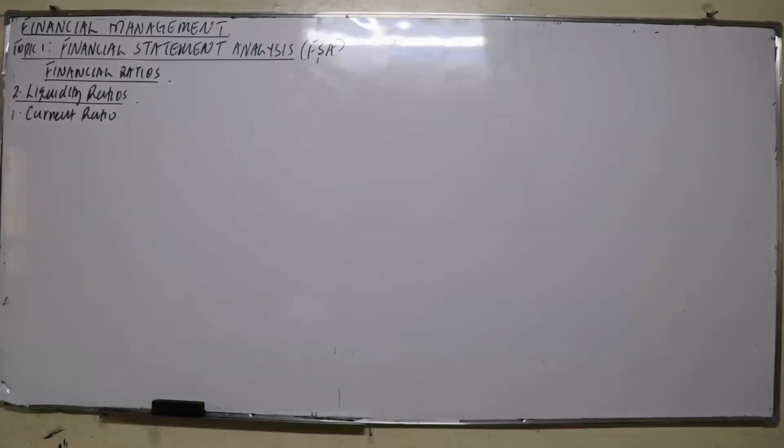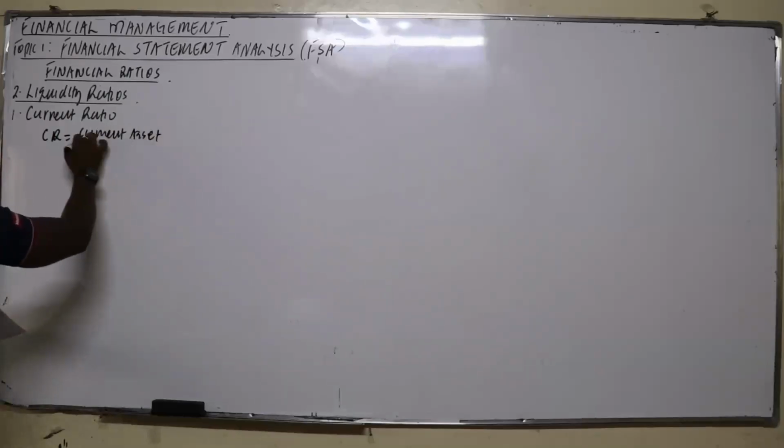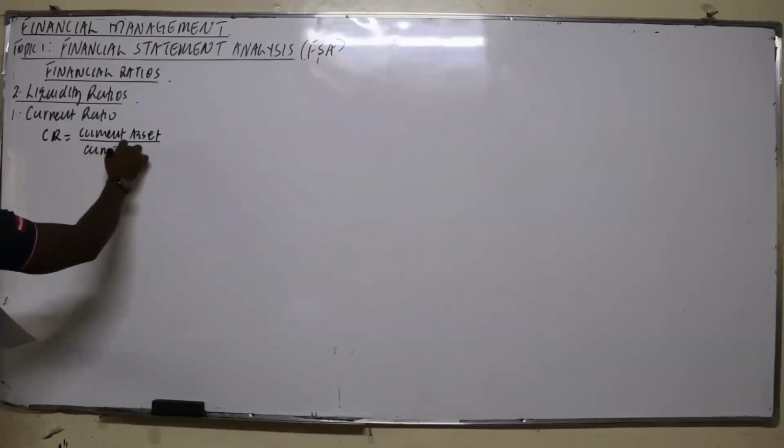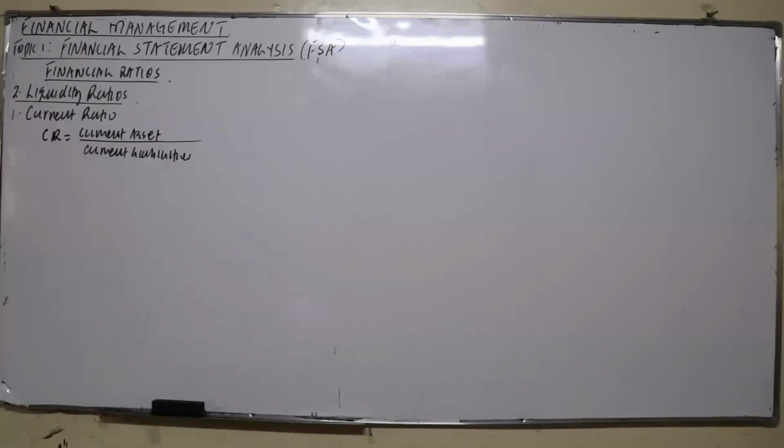It is determined as follows. To get the current ratio, you take the current assets and divide by the current liabilities.